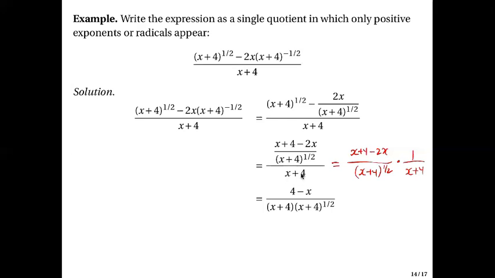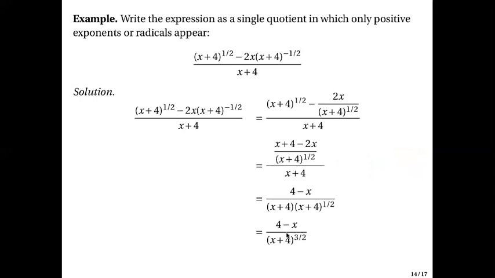So that this big denominator, we get the reciprocal of that. And then we have the multiplication. So you have this expression after multiplying the denominators, and we simplify it as follows.